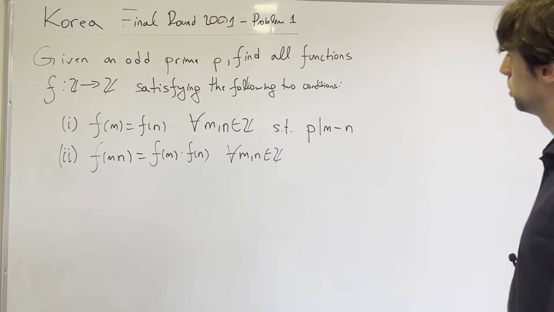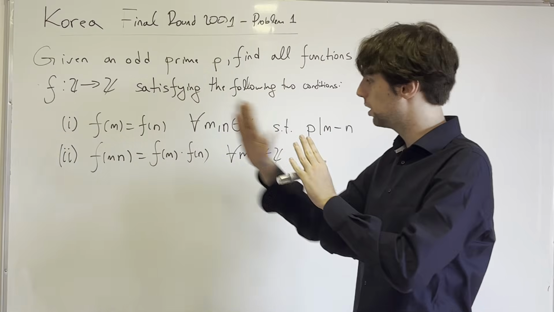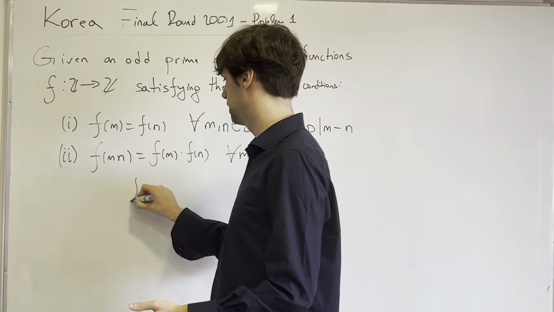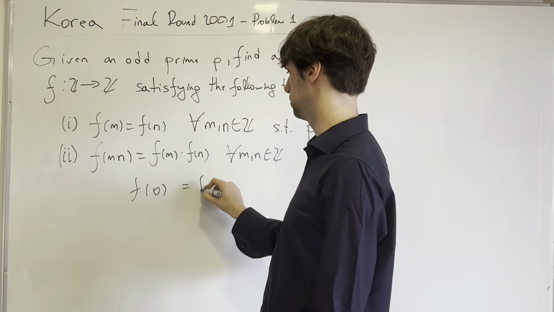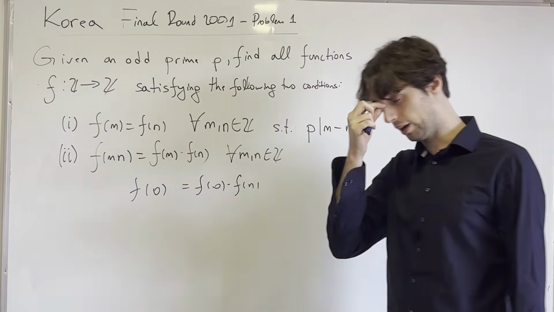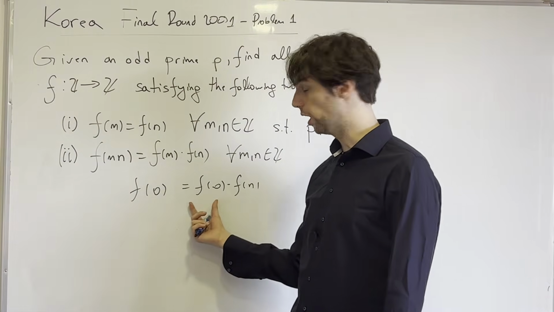Okay, so let's think about this. Well, we have that with multiplicative functions immediately. We have f of 0. If I just plug in m equal to 0, f of 0 is equal to f of 0 times f of n. Now, if f of 0 was equal to 1?